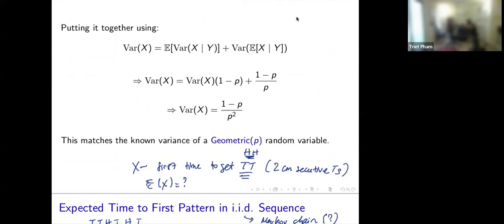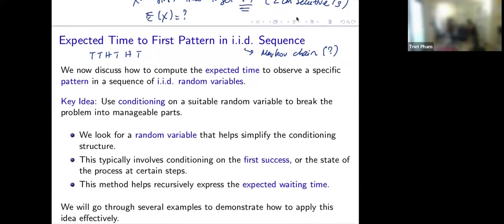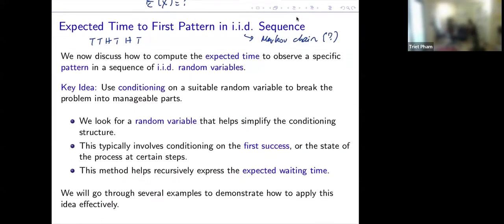Now, the example of the geometric is really just a starting example. The reason, of course, is that we're all familiar with the geometric and its expectation and variance as a formula, but we don't look at it as a first time to something.